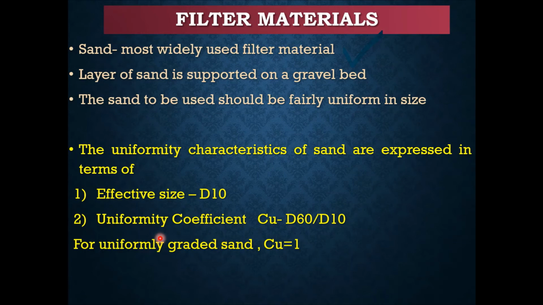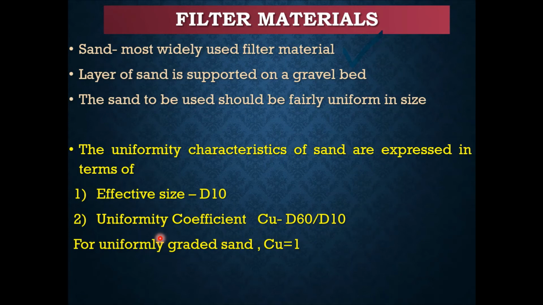And we want a fairly uniform size of sand, so the coefficient of uniformity should be nearly equal to 1. For fine or uniformly graded sand, the coefficient of uniformity is 1. You just have to divide D60 by D10.